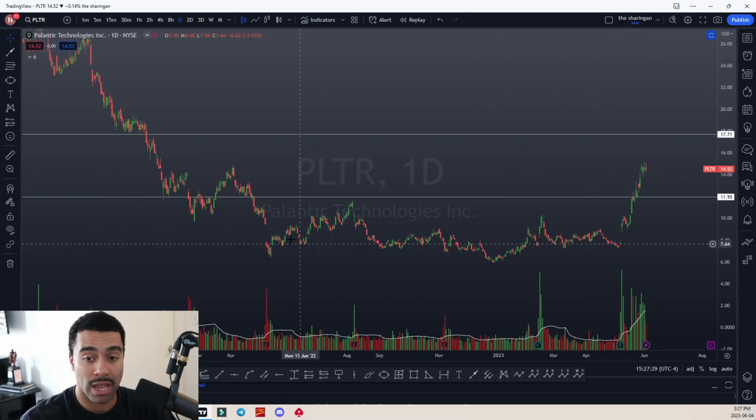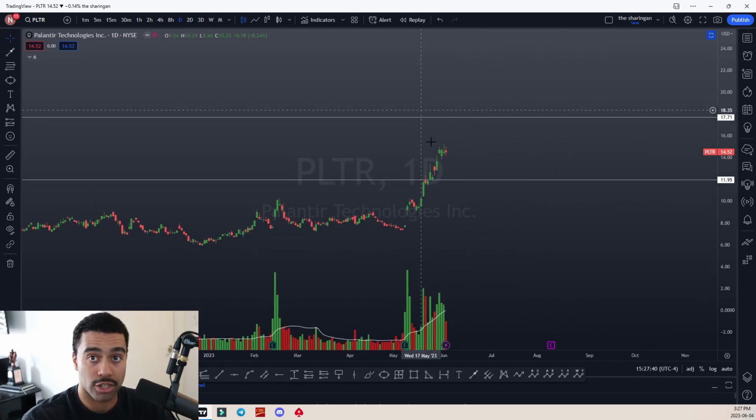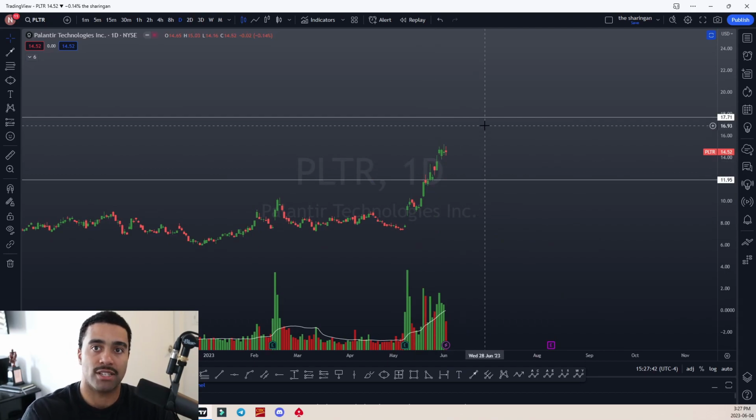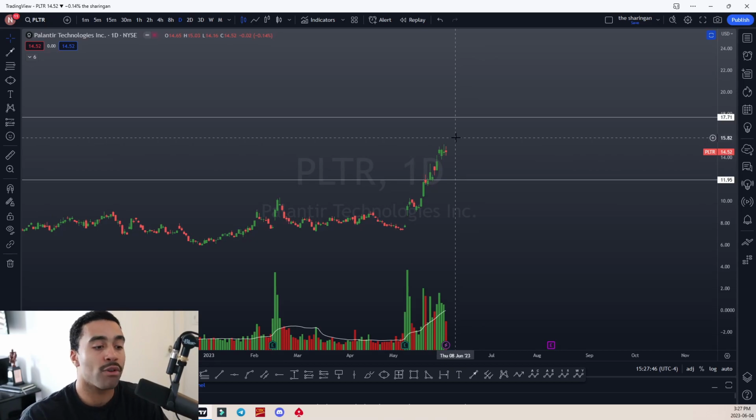We have this big consolidation pattern, we have this large breakout. What we could be seeing now is a longer period of consolidation to give us another base to work off of.